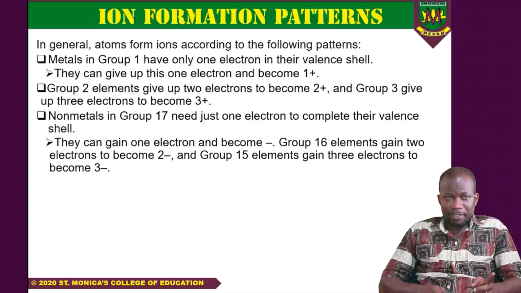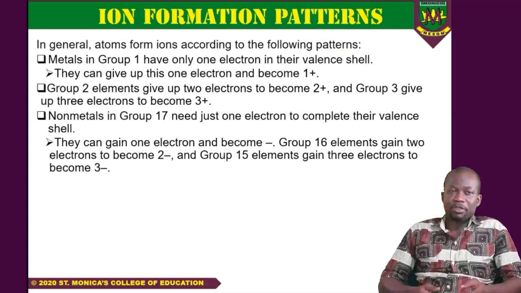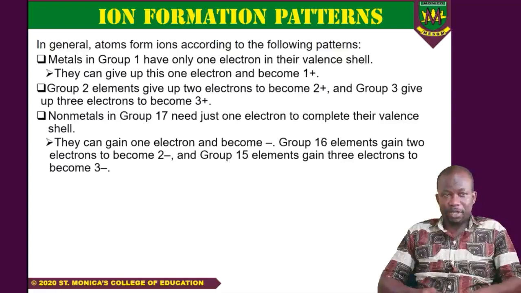I want to go over this. Group 17 elements gain 1 electron to become negatively charged. When we pick group 16 elements, that is sulfur and oxygen, they can gain 2 electrons to become 2 negative. And group 15, for example phosphorus, will gain 3 electrons to become 3 negative.